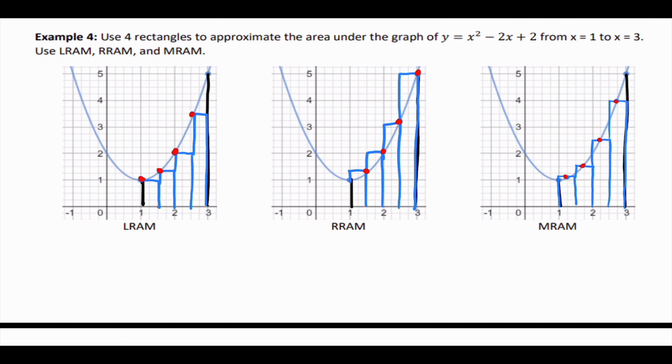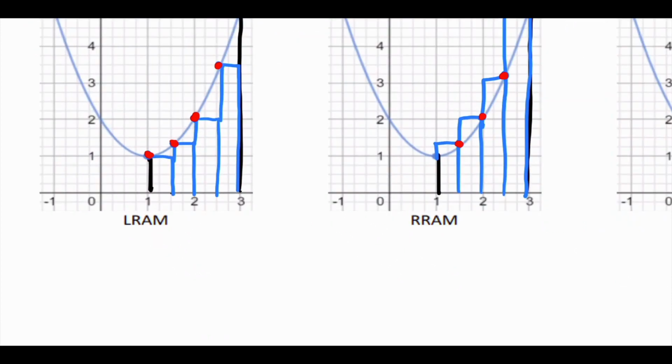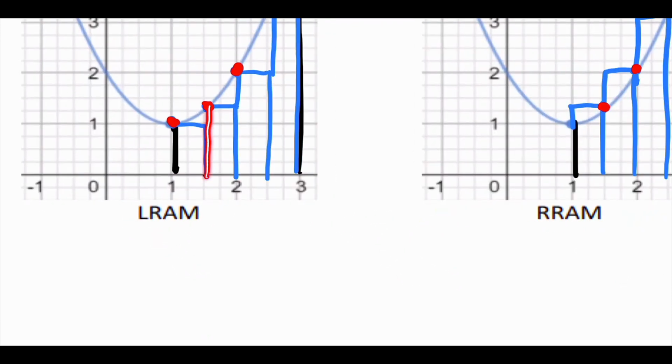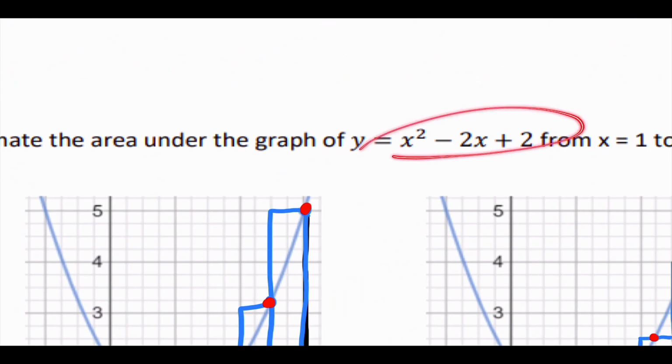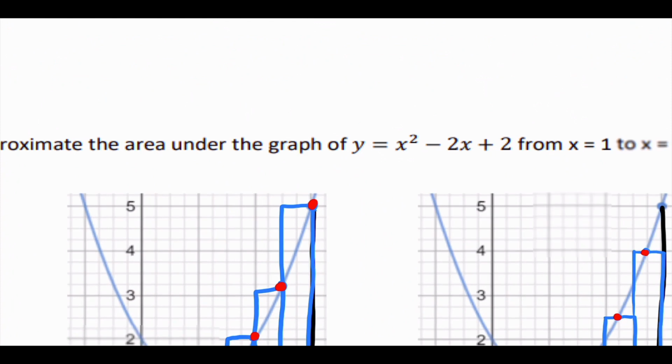Plug in the value, yeah, exactly. We have the actual function right here. That determines your height. So if I want to find the height of this guy here, 1.5 determines that height. So I plug in 1.5 to this function.